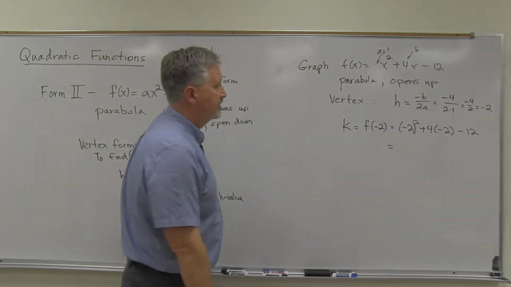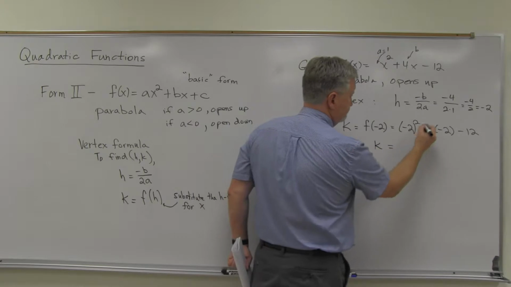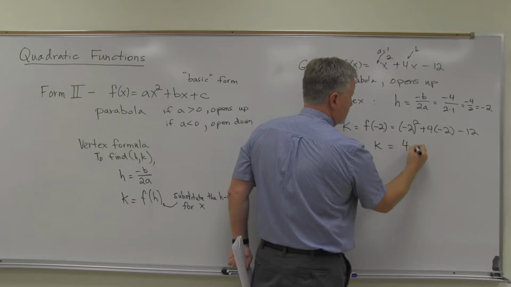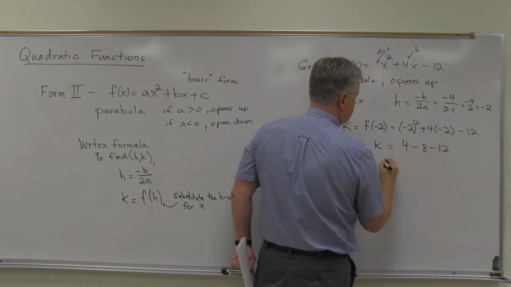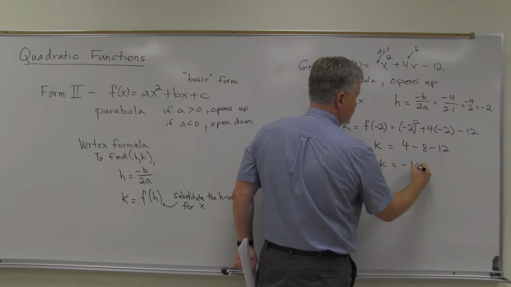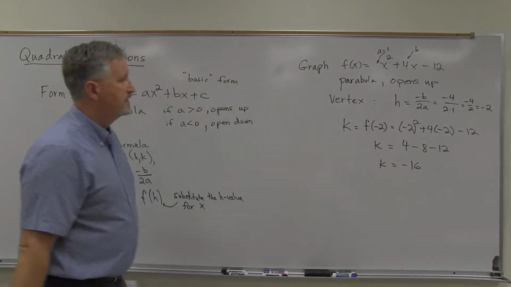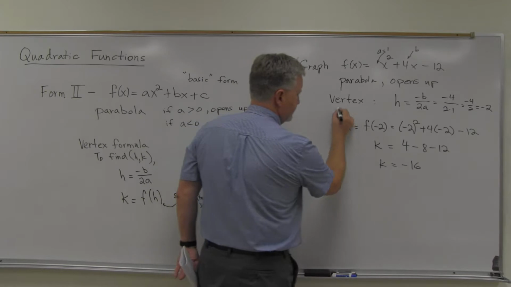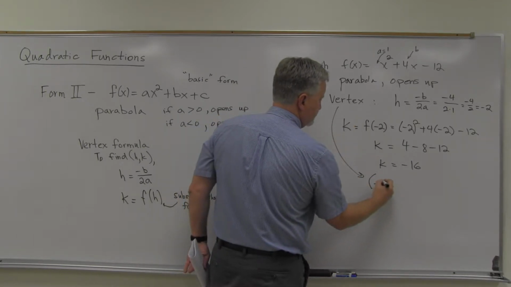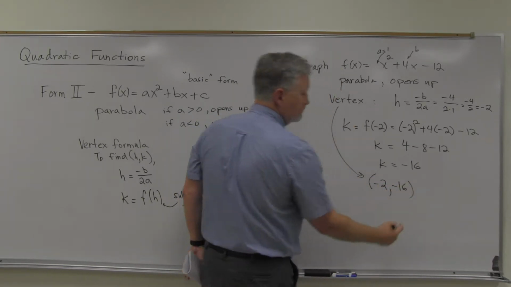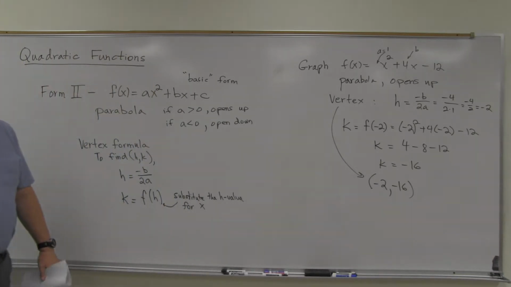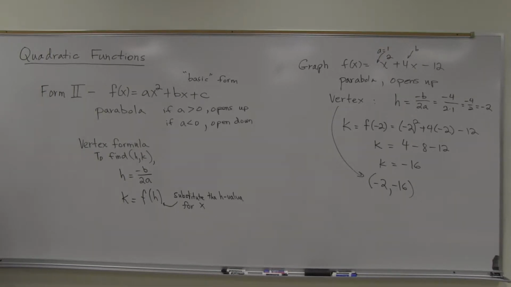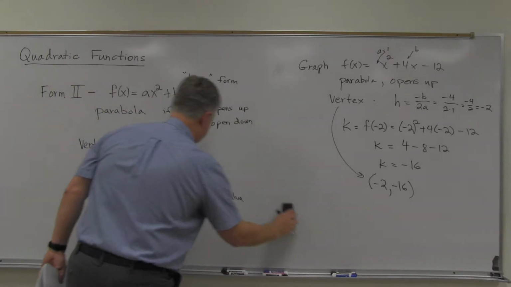Compute that, and that'll be our k. 4 minus 8 minus 12. So it looks like k is negative 16. So my vertex is h is negative 2, k is negative 16. So it's a little more work, obviously, than the vertex form, but it's just how this one is. Okay? All right.